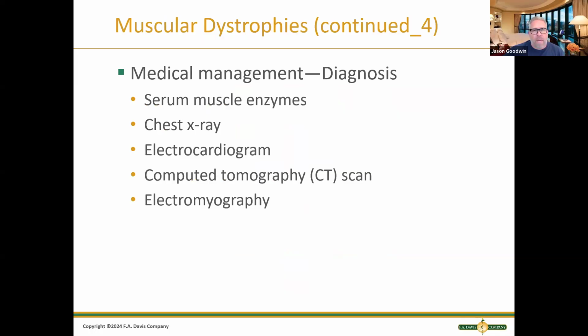When you're doing medical management of this, it's difficult to diagnose. The clinical manifestations are the same, but the muscles are not the same. So the muscle biopsy is really the gold standard. Serum enzymes are an early sign, so your doctor may check for that early.